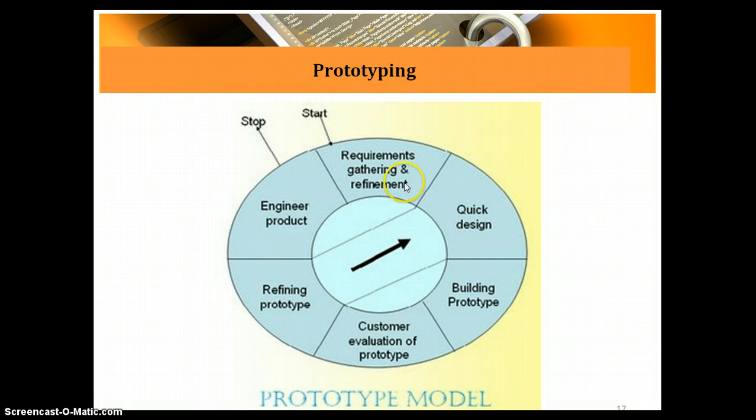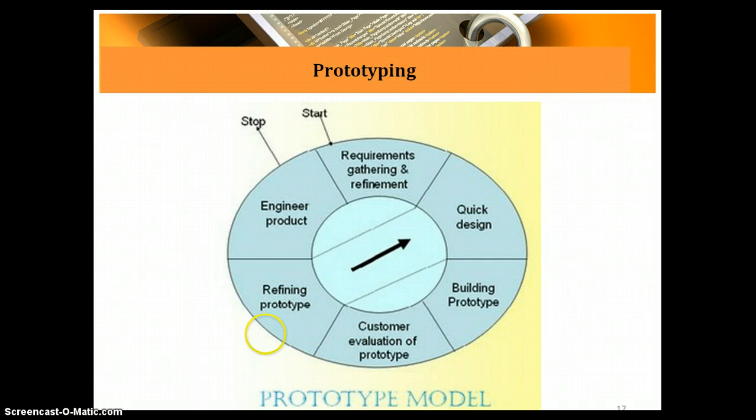So here you can see a start sign. It starts with requirement gathering and refinement, same processes, but the way is different here. Quick design, building your prototype, customer evaluation of prototype. That means whenever you are giving the demo, after that the customer will give the feedback.